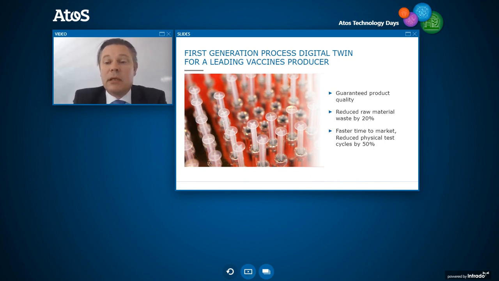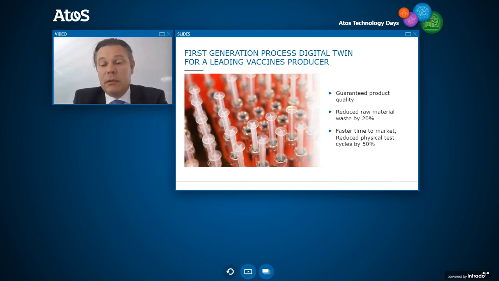So we increased the guaranteed product quality. We reduced the raw material waste by 20%, and we believe that we can push a faster time to market by the combination of a reduced R&D cycle combined with the fact that we can produce more vaccines in the same time frame with up to 50%.